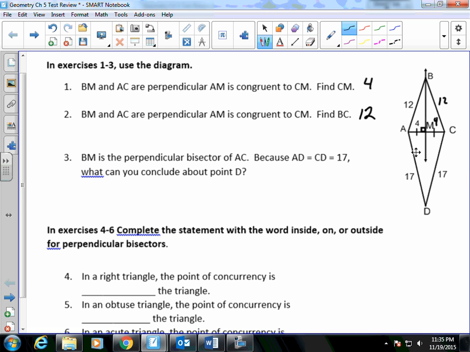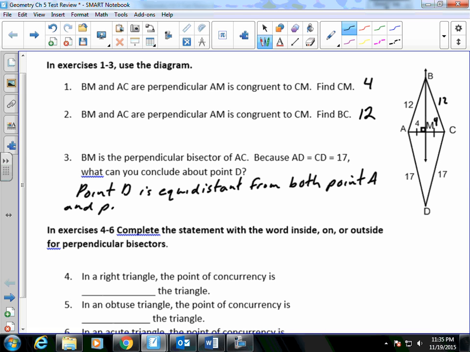So we're going to say point D is equidistant from both point A and point C. So D is on the perpendicular bisector of AC, which in this case happens to be line BM.